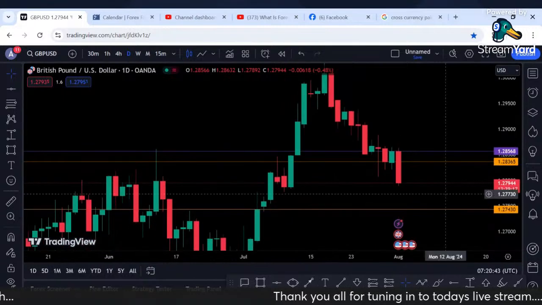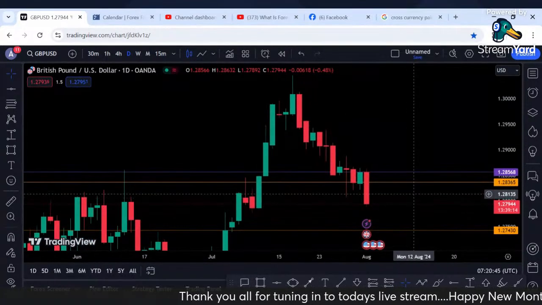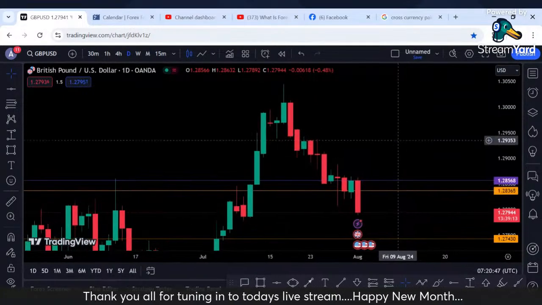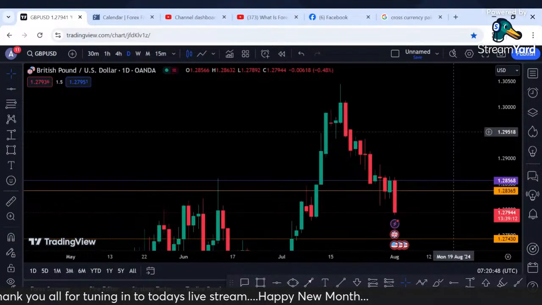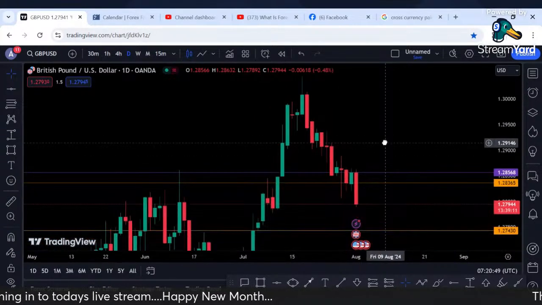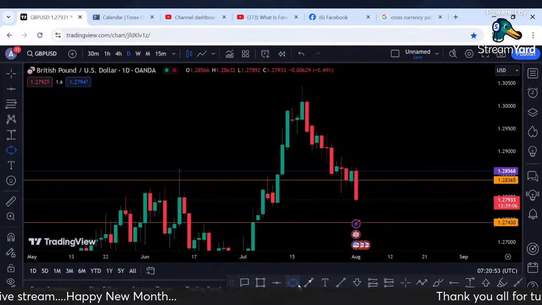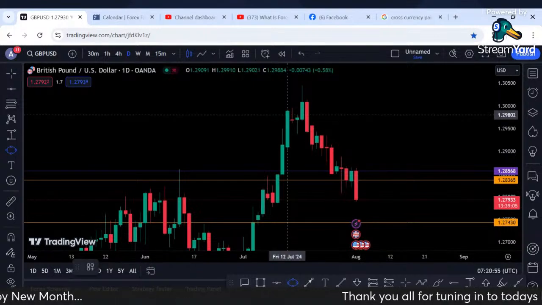So when you come to the daily time frame, that's where we are going to determine our focus time frame. On the daily time frame, the market is clearly in a downtrend.